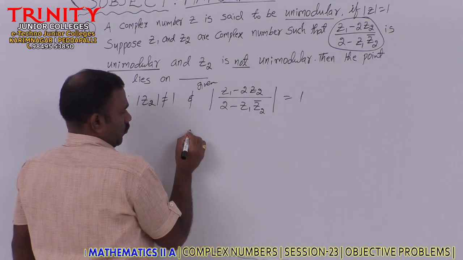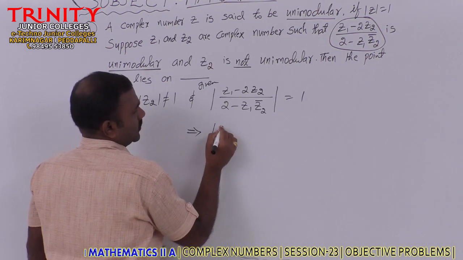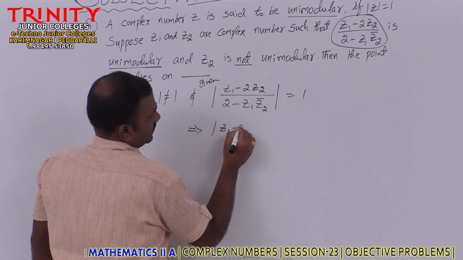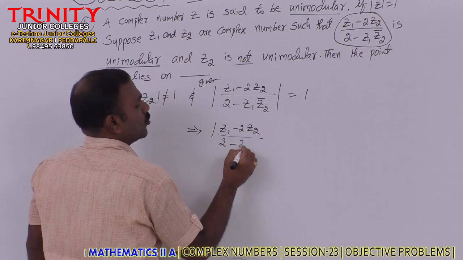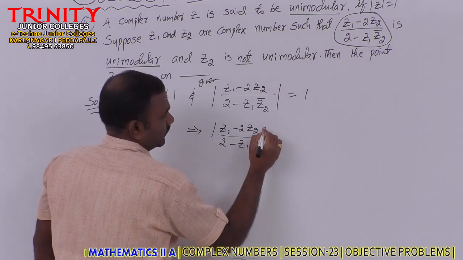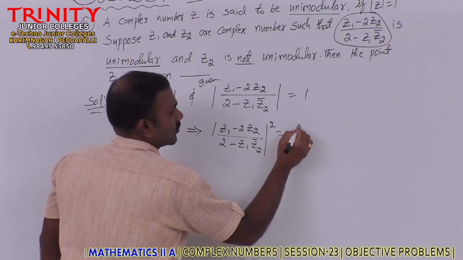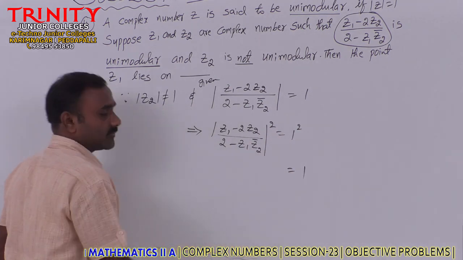Now, apply squaring on both sides. Mod of z1 minus 2z2 divided by 2 minus z1 z2 bar whole square is equal to 1 square, that is again 1 itself.